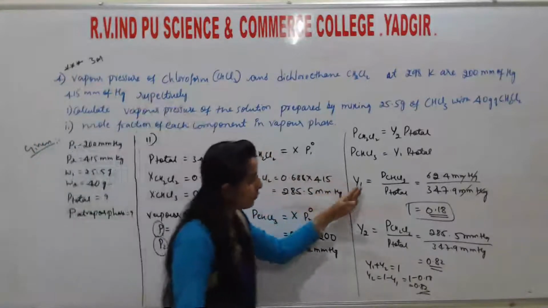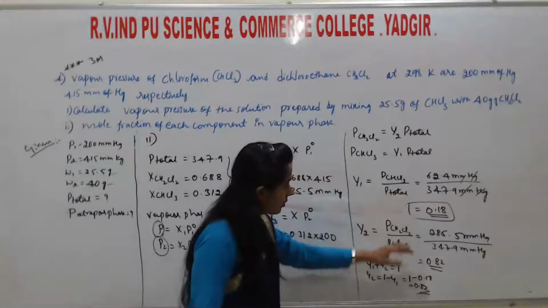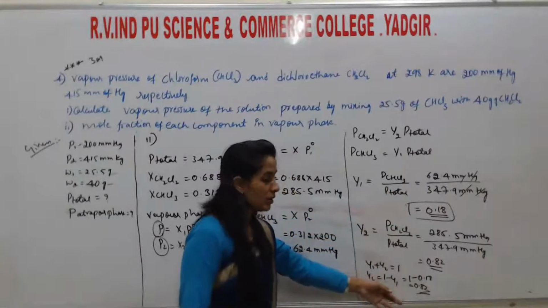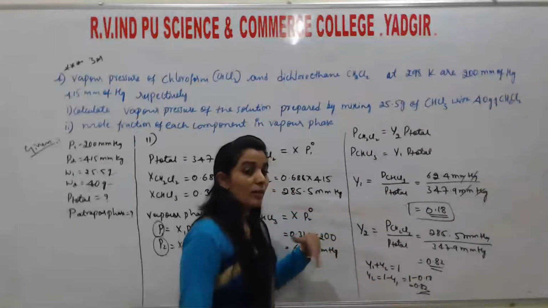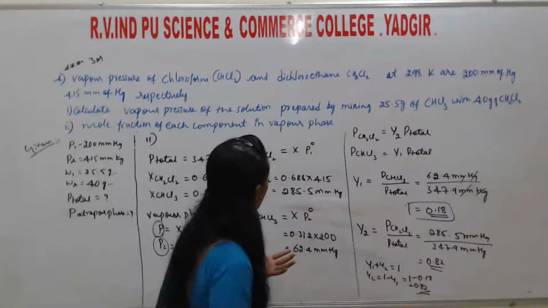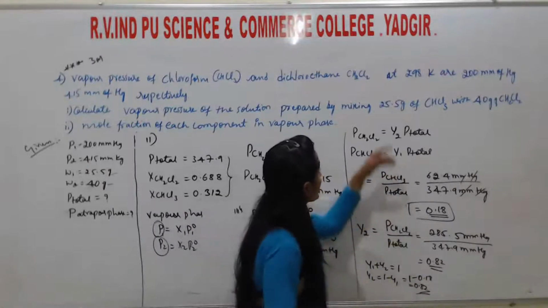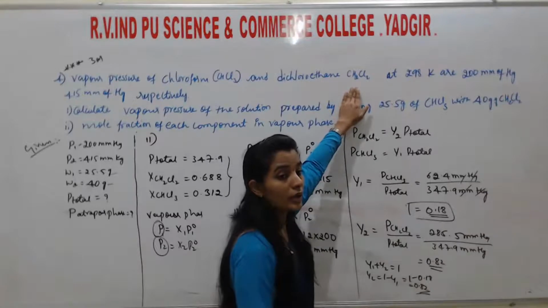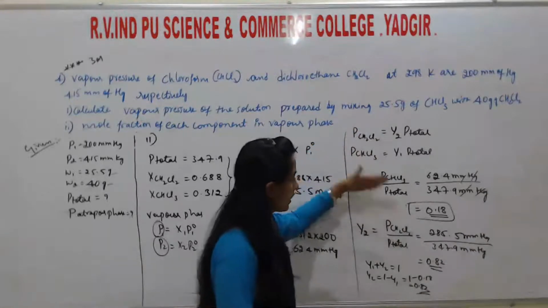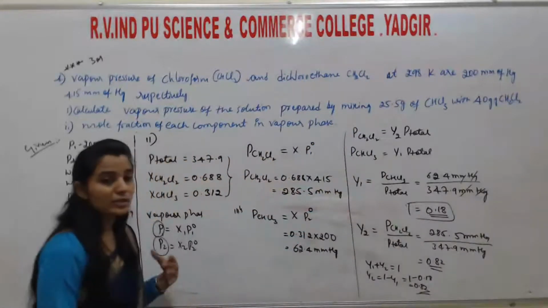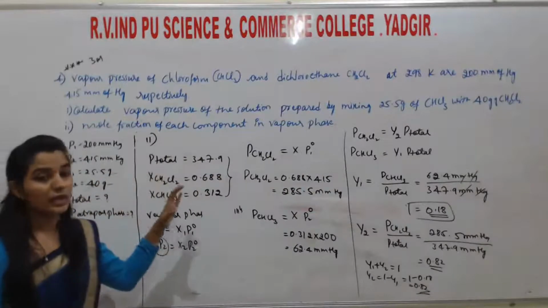If we consider the mole fraction also, listen, here 0.12 is there, here 0.82 is there. So here the concentration is more, so the number of vapors evolved is also more here because it is highly volatile. By comparing the pressure, by comparing the mole fraction, we can easily check which element is highly volatile.